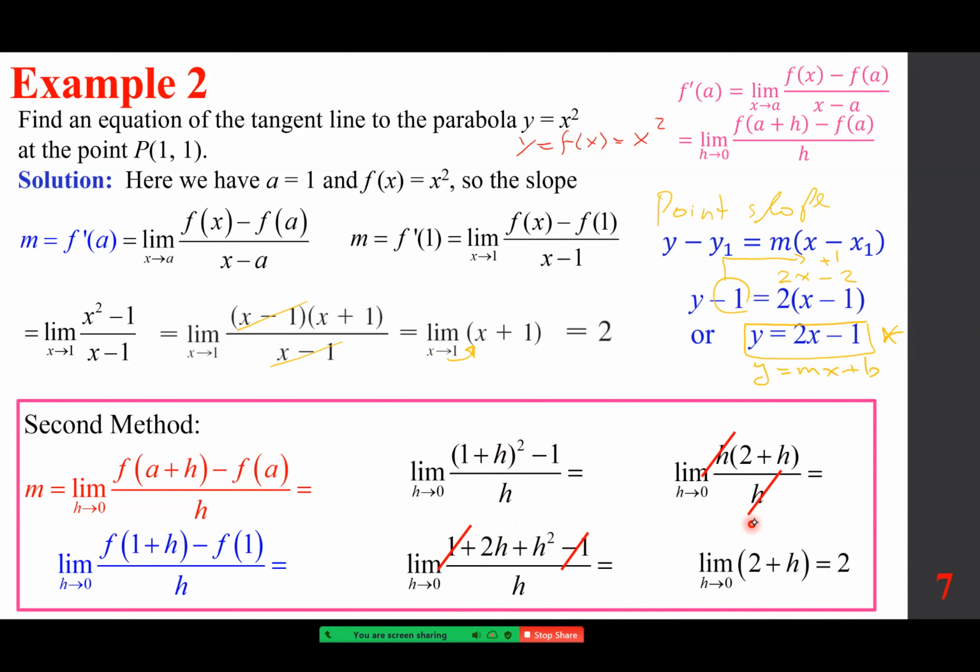You can replace the h here, and it gives you the same 2 that we found here, as we were supposed to. So it's the same. I just used a different method just for practice.